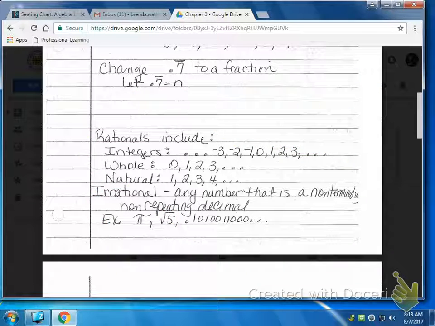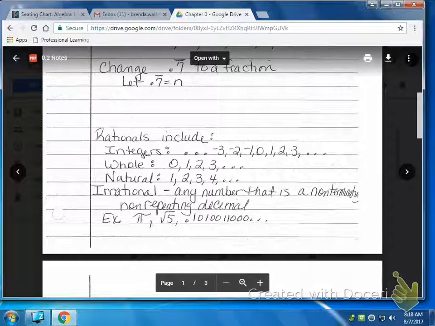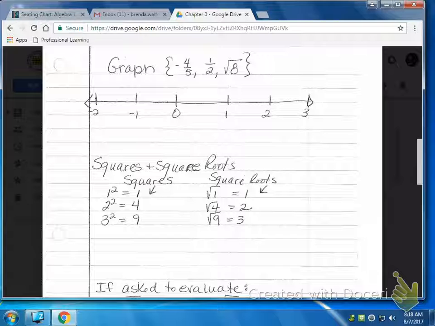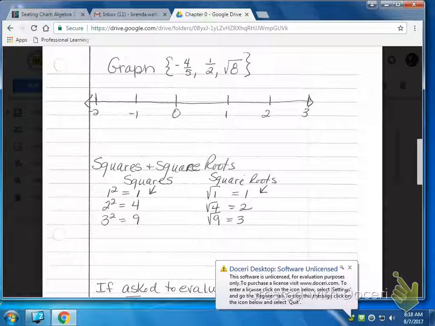All right, so you're going to have to identify sets of numbers. There's some examples there. We're going to talk about this graphing. This was something that we did last year, 8th grade year, estimating where you graph those points. So negative 4/5, can somebody just give me a guesstimate where that negative 4/5 is going to go between what two numbers on my graph?